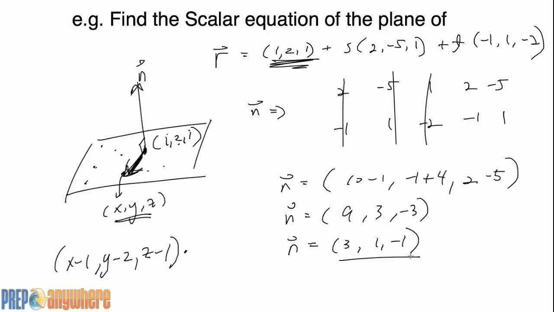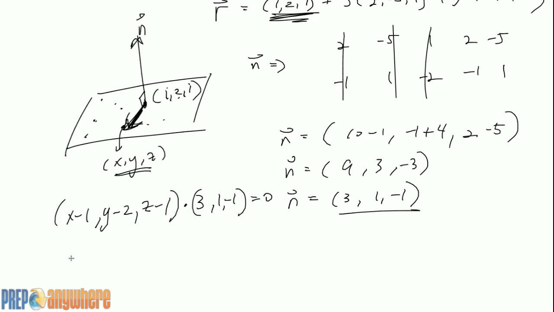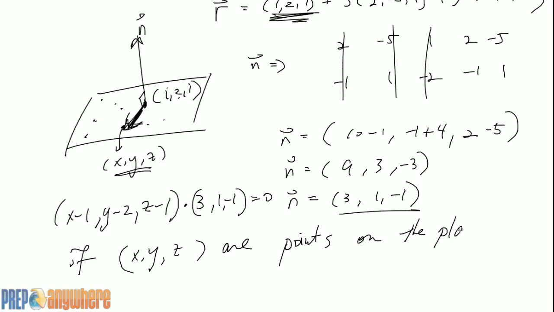Dot product with the normal should be 0, right? If x, y, z are points on the plane.